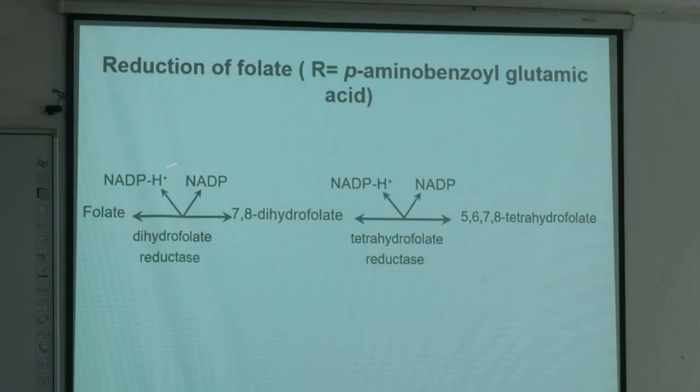So, unless this folate is converted to tetrahydrofolate, it cannot be used as coenzyme in whatever form we have studied. So, this conversion is much more necessary prior to using it as coenzyme.